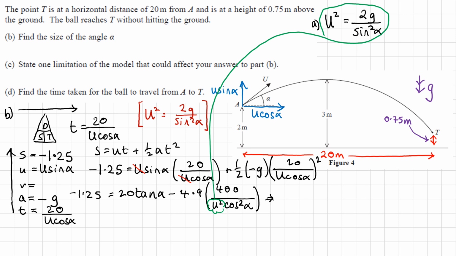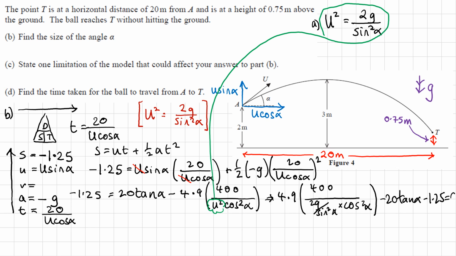So bringing the whole of this term across, I'll basically get 4.9 and then 400 over U squared becomes 2G over sine squared alpha, and that is going to get times by the cos squared alpha. So that term has come across. I'm also going to bring this across, so minus 20 tan alpha, and then minus 1.25 is equal to 0.